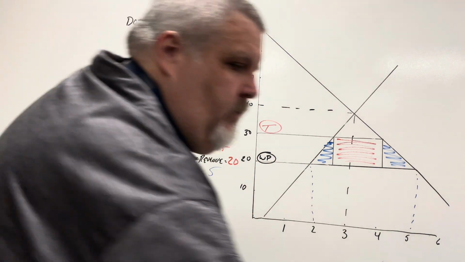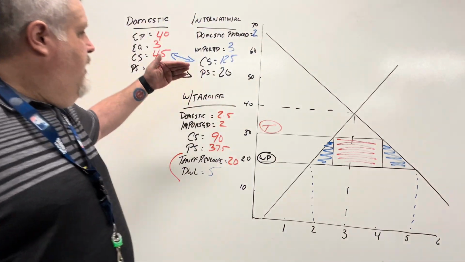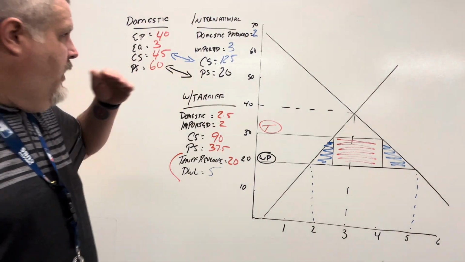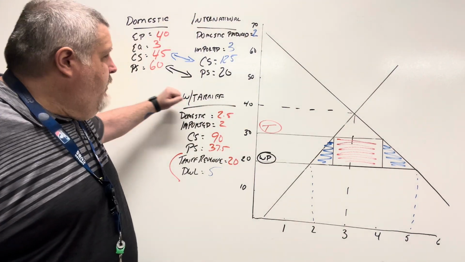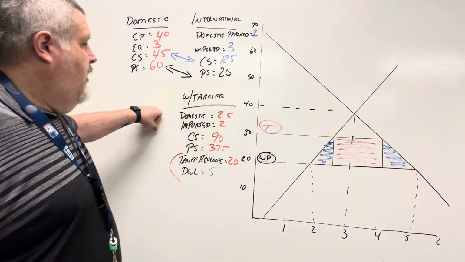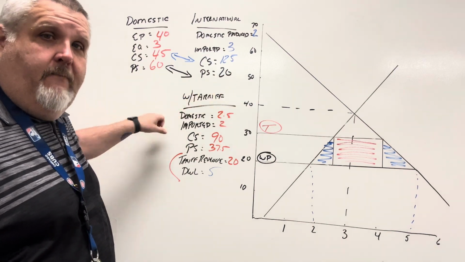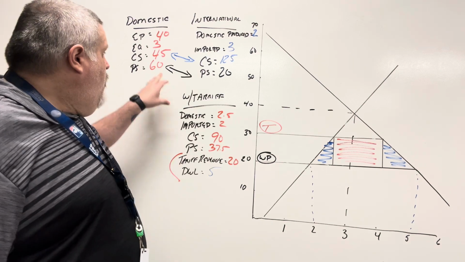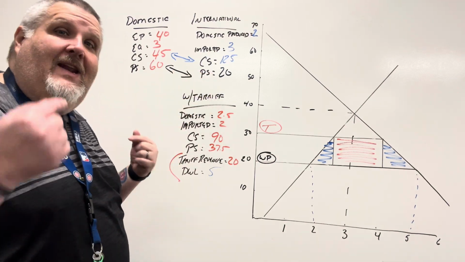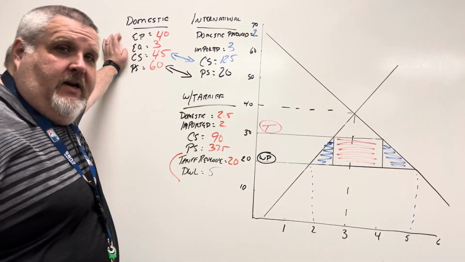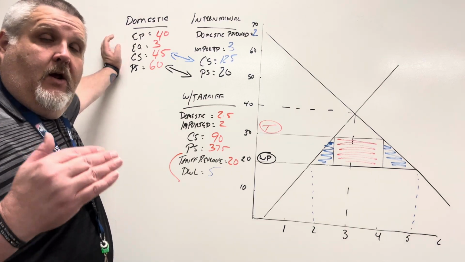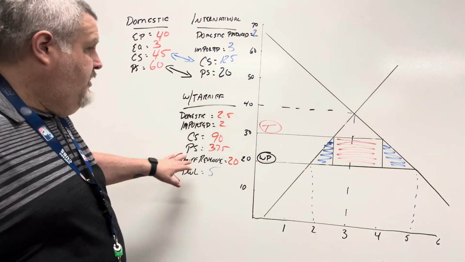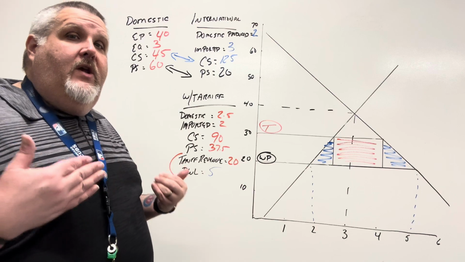And so what we're looking at again is keeping track of, are we talking domestic? Are we talking international? Are we talking about with the tariff? Okay, those are the 3 things that we care about here. Which one are we dealing with? We need to keep our equilibrium price and our equilibrium quantities straight, where we are for each of these, okay? Where are we going to operate?